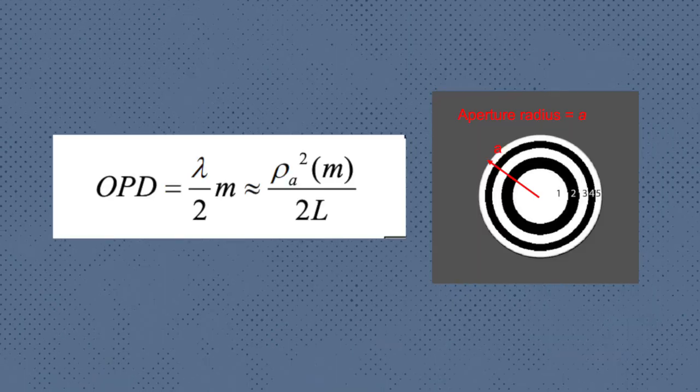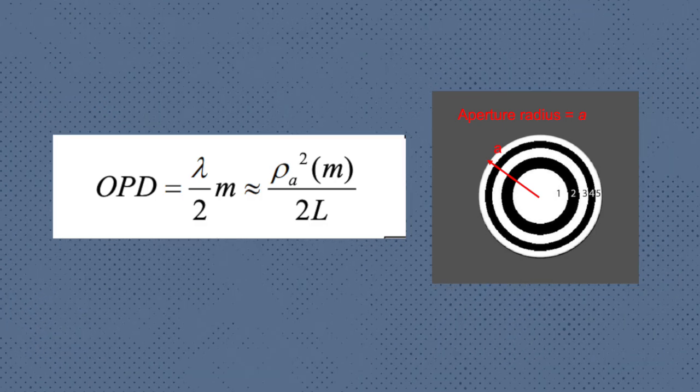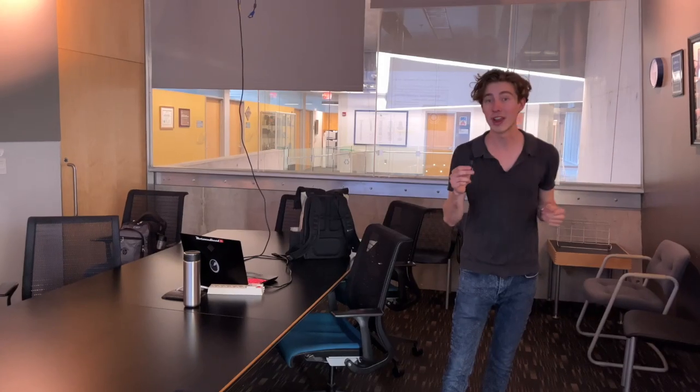The collimated beam has only one K vector, so we just have the Airy function at one position. So based on this equation that we see here, we know that OPD and Fresnel number will increase with decreasing L. We also know that aperture size has a quadratic relationship with Fresnel number.